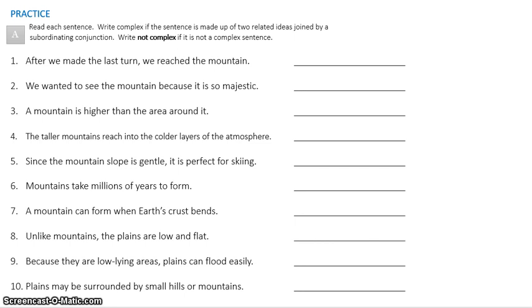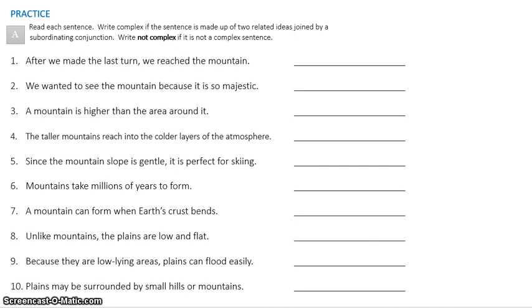So let's take a look at number 1. It says, after we made the last turn, we reached the mountain. Now, we don't see a subordinating conjunction in the middle of that sentence. Although, did they take two sentences? We made the last turn, we reached the mountain, two sentences, and they combined it with a word after.